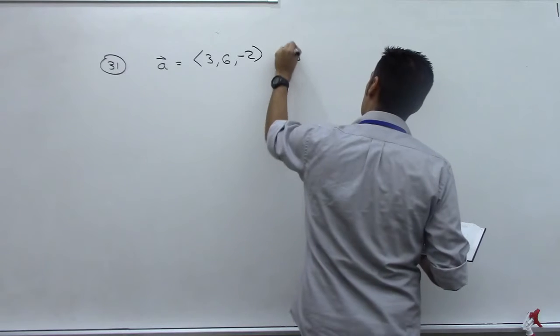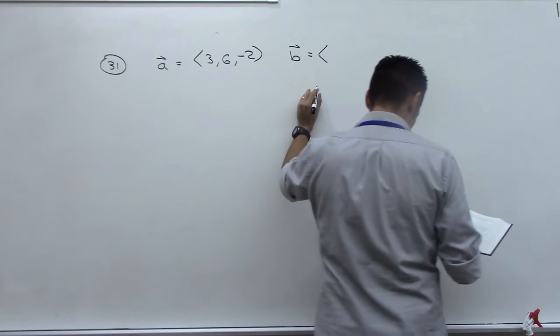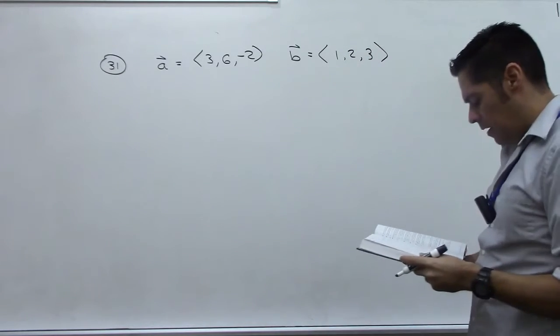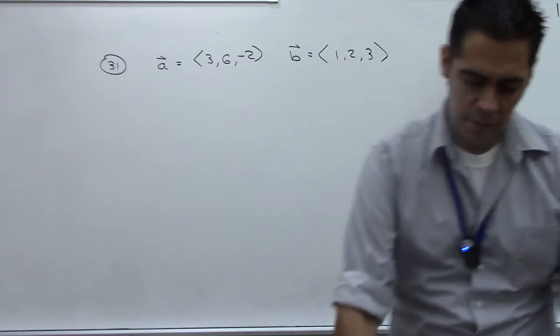The vector B, which is 1, 2, 3. And they want to find the scalar and vector projections.